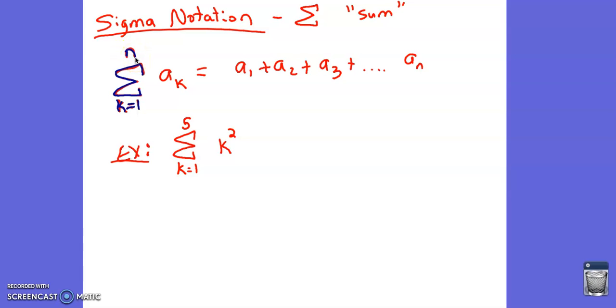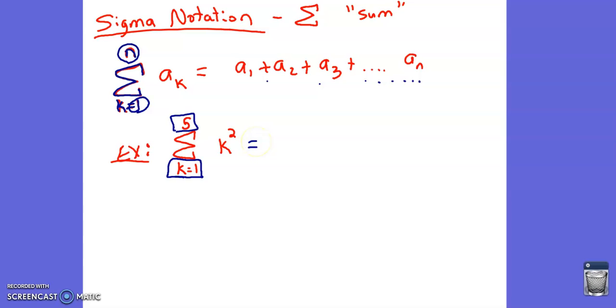So a sub k literally would be a sub 1, because it's starting at 1. And then it keeps counting a2, a3, and it keeps going all the way to a sub n, because it stops right there. So here's an example here. Sigma, it starts at 1, and then it goes all the way to 5.